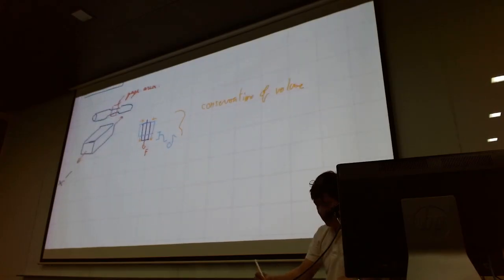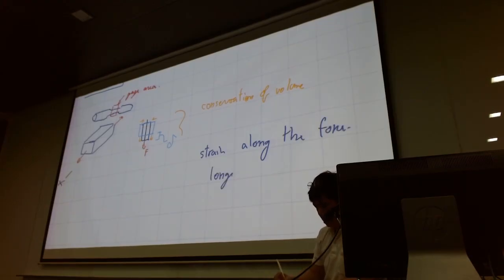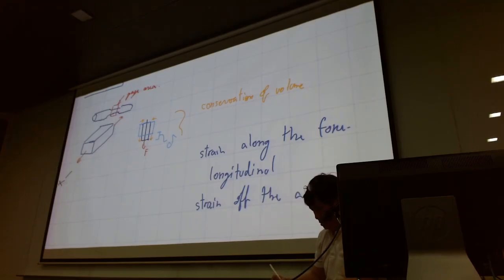The strain along the force, we call longitudinal strain. Strain off the axis, we call lateral strain.